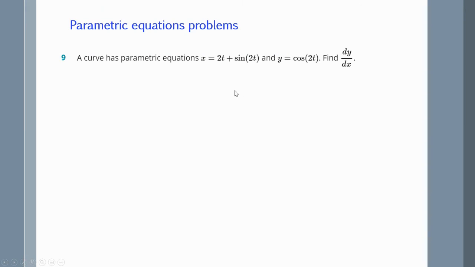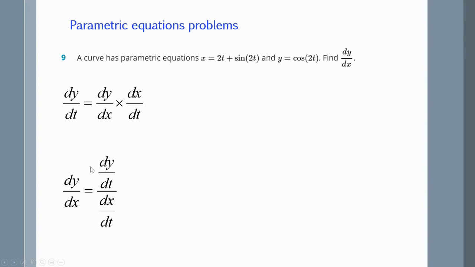Parametric equations problems. A curve has parametric equations x is 2t plus sine 2t and y is cos 2t. Find dy/dx. The related rates used is dy/dt is dy/dx times dx/dt, but we want to find dy/dx, so we need to rearrange the equation. All we need to find now is dx/dt and dy/dt.